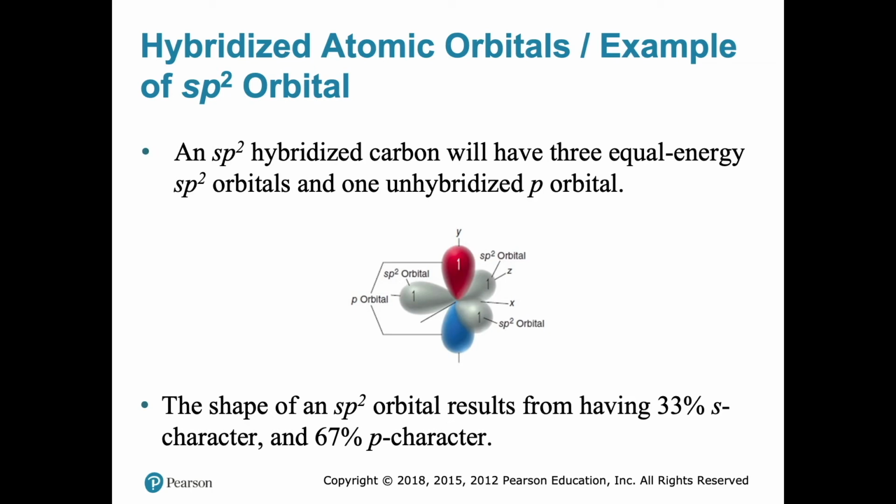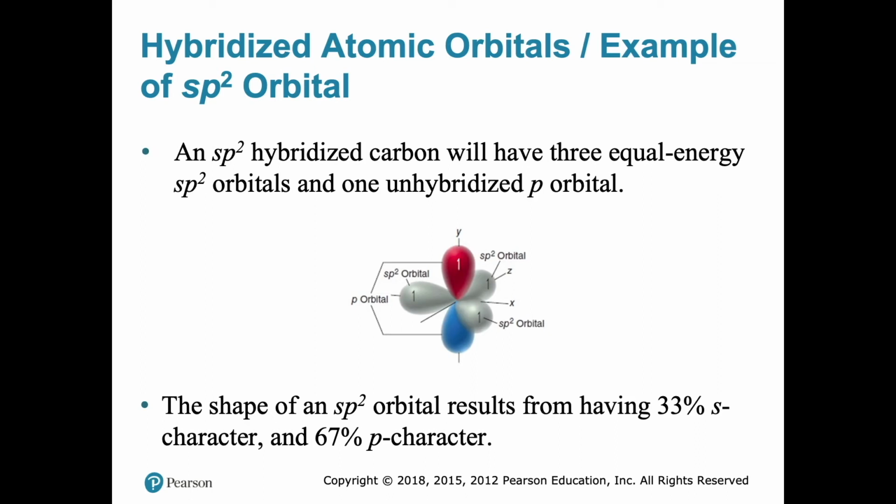Really, it's 66.6666666% p character. But it makes sense, because two-thirds of that hybridized carbon orbital is p, and one-third is s. And so you have 33% character for the s orbital and 67% character for the p orbital. Does that make sense? What was it in the last one? 25%. Exactly, 25%, 75%, right?